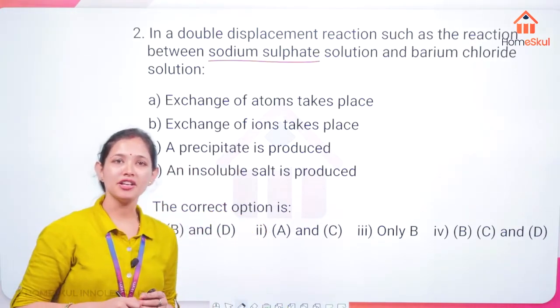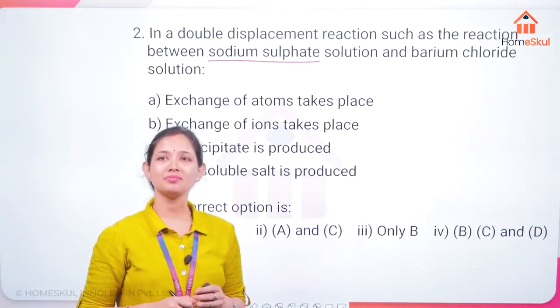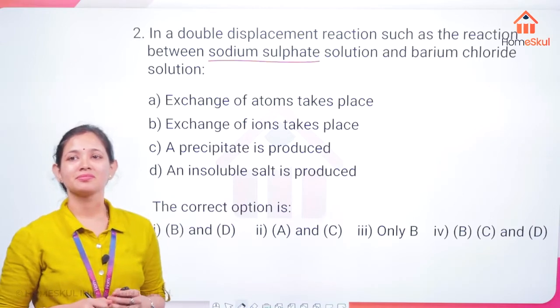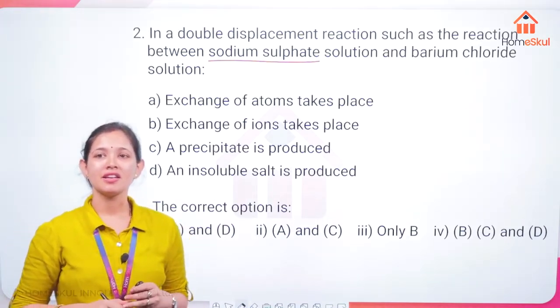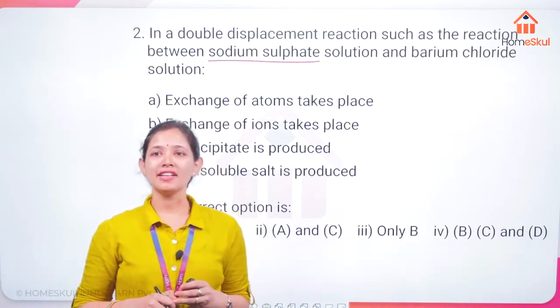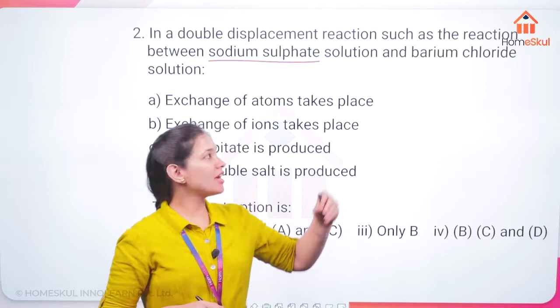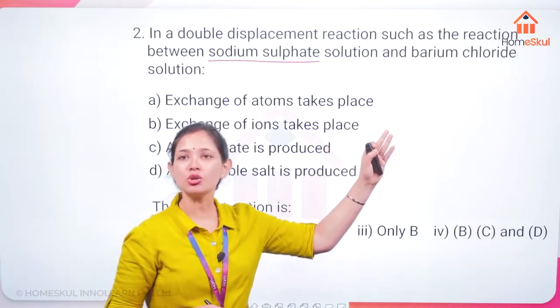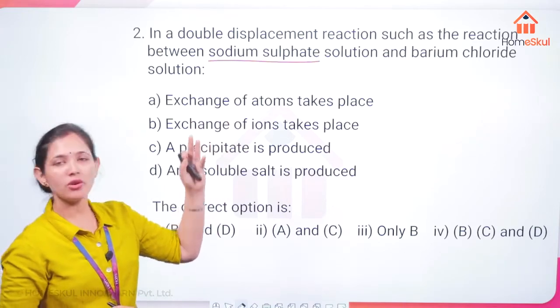And barium chloride formula. Okay, Anushka. Yes, Trita. Okay, Diya. Yeah, very correct. Barium chloride is BaCl2 and Trita has written Na2SO4.